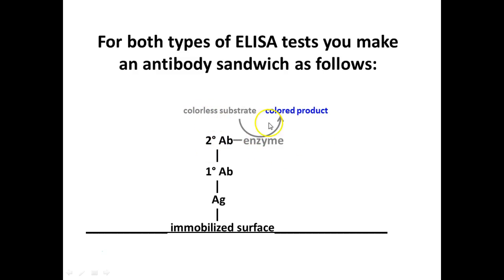When we add our colorless substrate, we're going to get a color production because of the presence of the enzyme. So it's going to be blue. It's going to be pretty. Other enzymes may produce fluorescent products, right? Fluorescence is very common nowadays, or chemiluminescent products. We're just going to be dealing with a color.